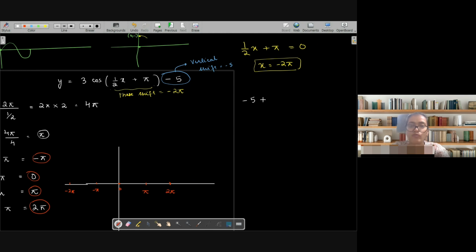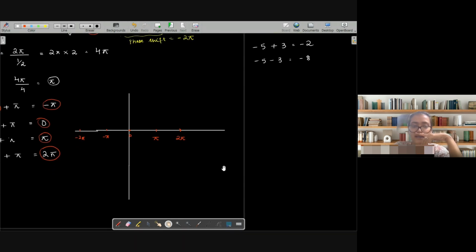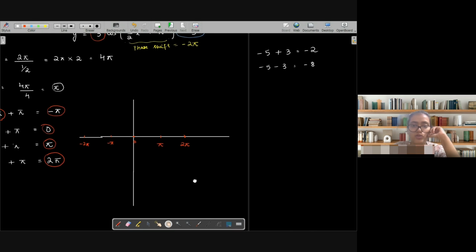Now you find the maximum and minimum values by this number. This is the amplitude. So if you do +3, that gives you the maximum value, which is -2. And when you do -3, that gives you the minimum value, which will be -8. You should draw these 3 lines for your convenience. It's not necessary, but you should draw these lines.